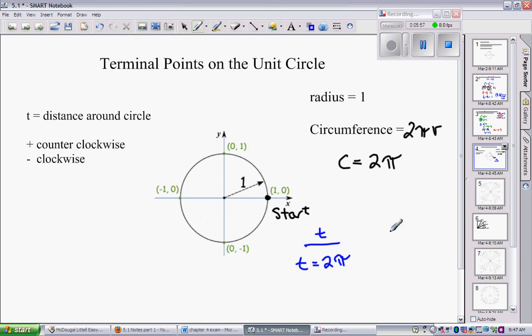We ended up at the terminal point (1, 0). What if we only wanted to go halfway around the circle? That would make t just pi. We're at (1, 0), we're going halfway around, and we stop at (-1, 0).